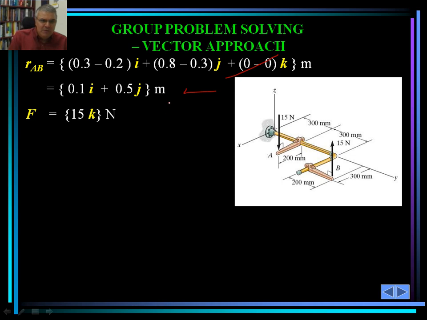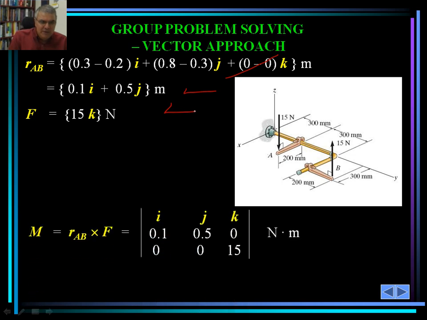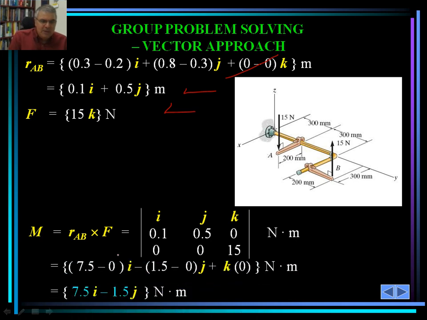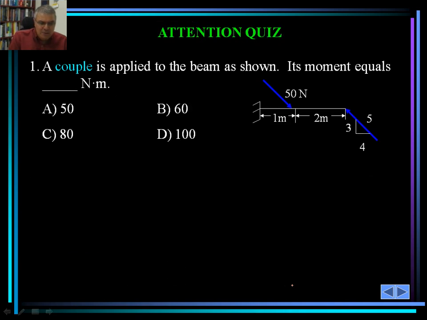The fewer components we have to deal with, the easier the calculations would be. F is also given. We set the cross product matrix i, j, k, and we would just calculate the determinant of that, and that would be the M, 7i minus 15j Newton meter.